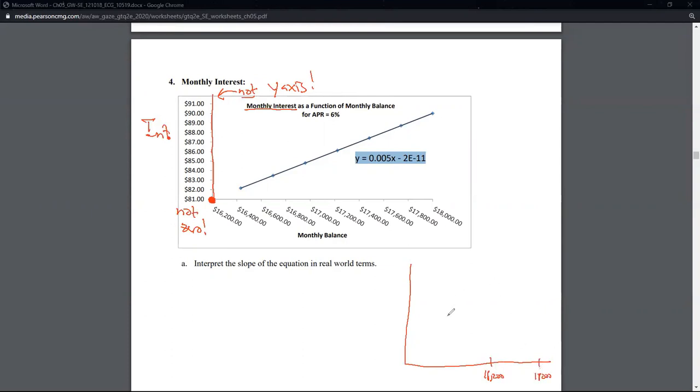All right, we got interest amounts going at 82 for the 16,400, and then up to about 90. Is that 90? About 89. Something like that, roughly.